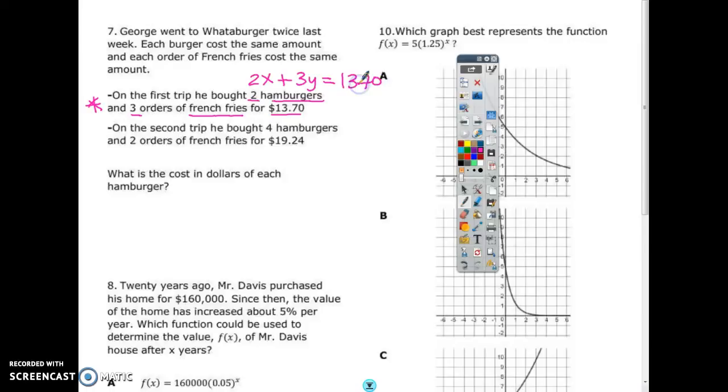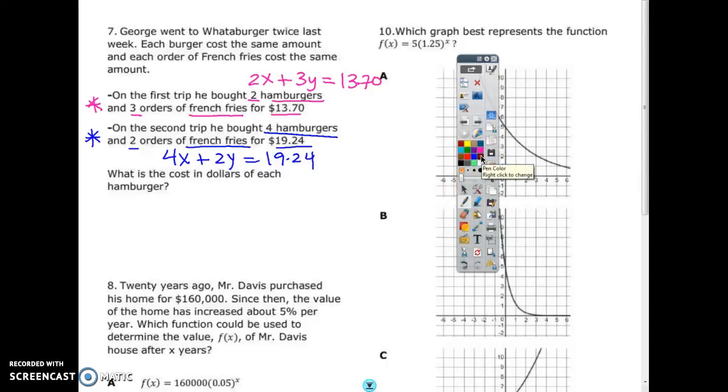And hopefully you guys at least did those equations. And then the second one, it's talking about 4 hamburgers, so that's 4x plus 2 French fries, that's 2y, equals a total of 1924.